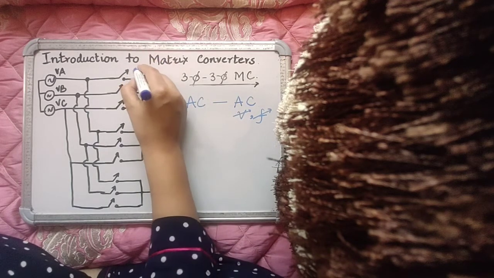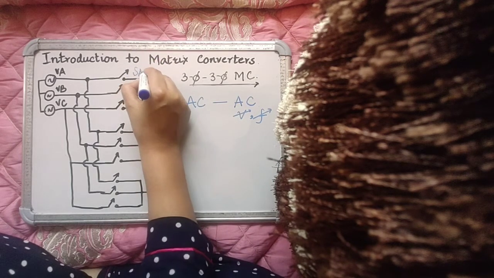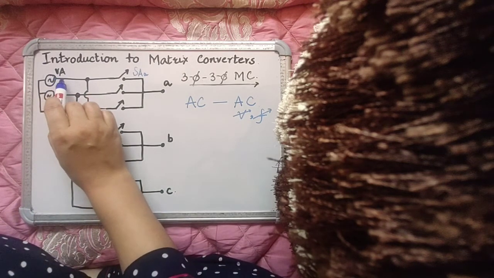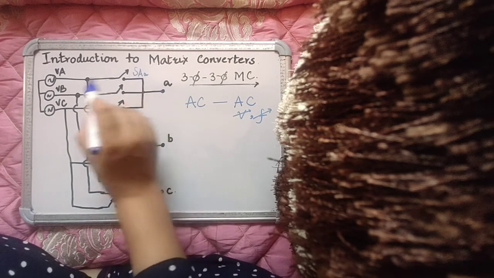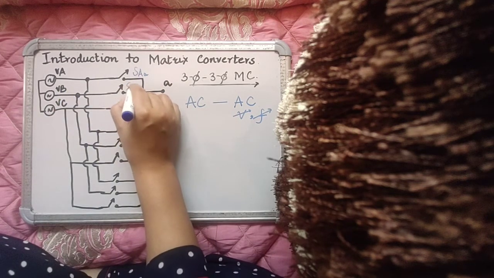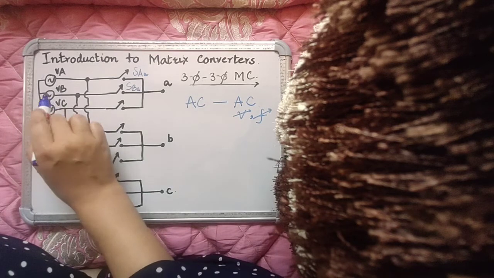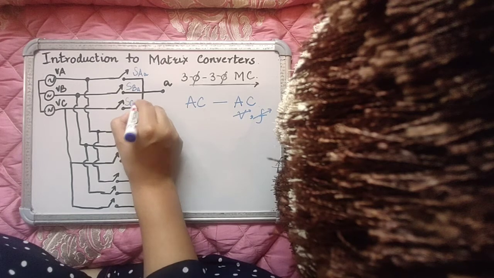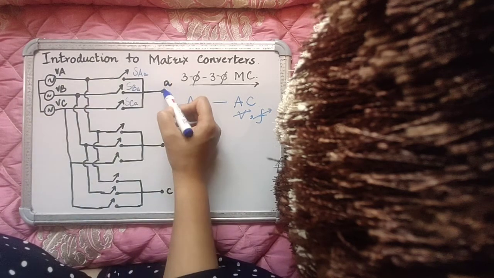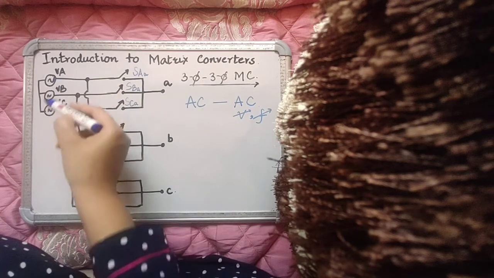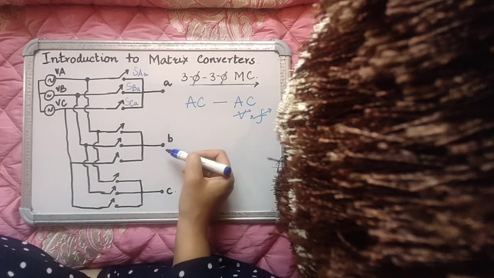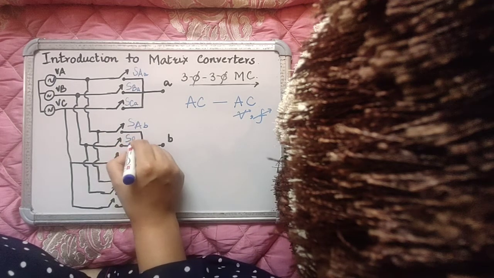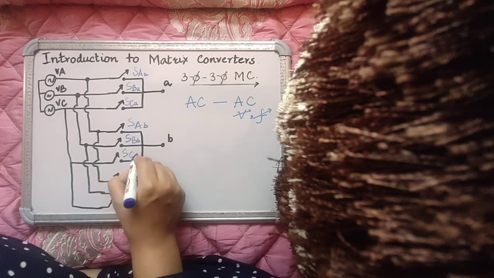So you have switches SAA in the first group, which basically samples the input phase capital A at the output phase A. This switch SBA samples the input phase B at the output phase A, and the third switch SCA samples the input phase C at the output phase A. Similarly, ABC of the input can also be sampled at the output phase B through switches SAB, SBB, SCB.